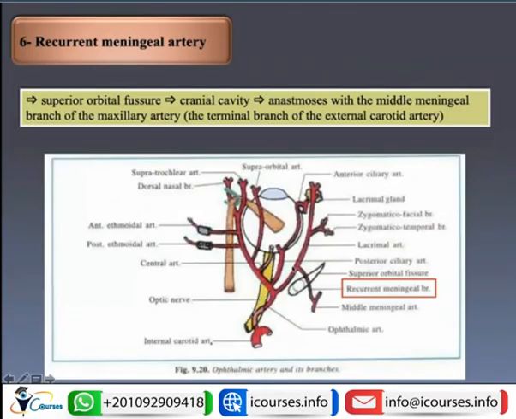As we said, in the orbit it will return through the superior orbital fissure to the cranial cavity and anastomose with the middle meningeal branch of the maxillary artery, which is the terminal branch of the external carotid artery. So here we can see that the recurrent meningeal artery passes through the superior orbital fissure and meets the middle meningeal artery. That's why it's called recurrent.